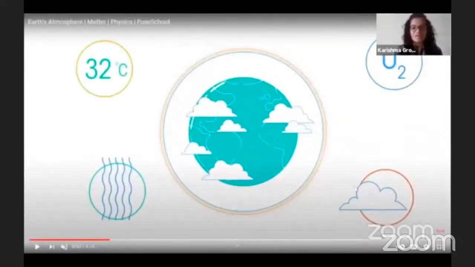It provides us with weather, the clouds. It provides us with water vapor. It provides us with temperature regulation, which is very important. And of course, the various gases that we've learned about, especially oxygen, which is necessary for sustaining life on Earth. So what does it provide us with?